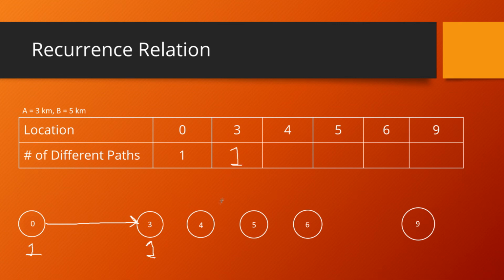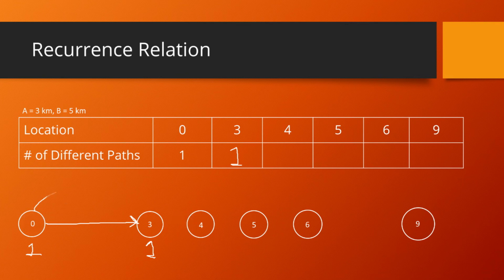Now let's see the number of different paths to get to 4. Notice that we can't find this number directly. However, we do know the number of different ways to get to 0 and the number of ways to get to 3. All we have to do is check that we can get to 4 using these nodes, meaning that from 0 or 3, we need to be able to get to 4.